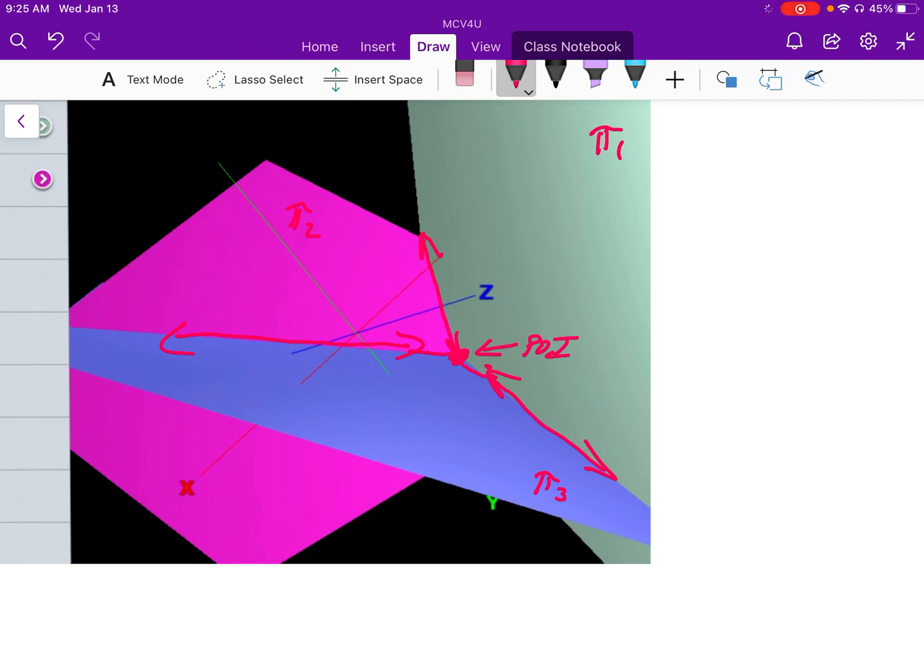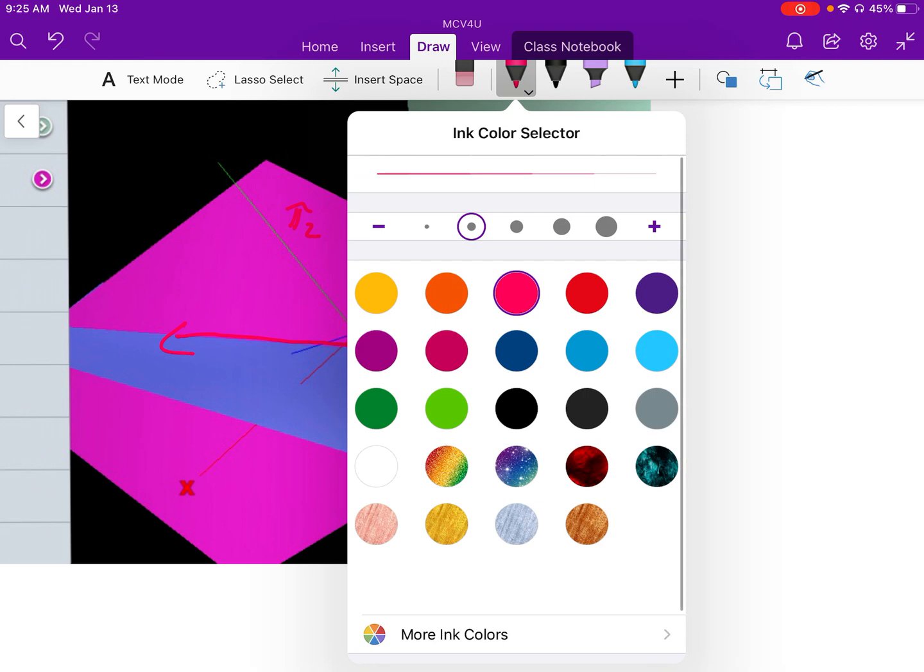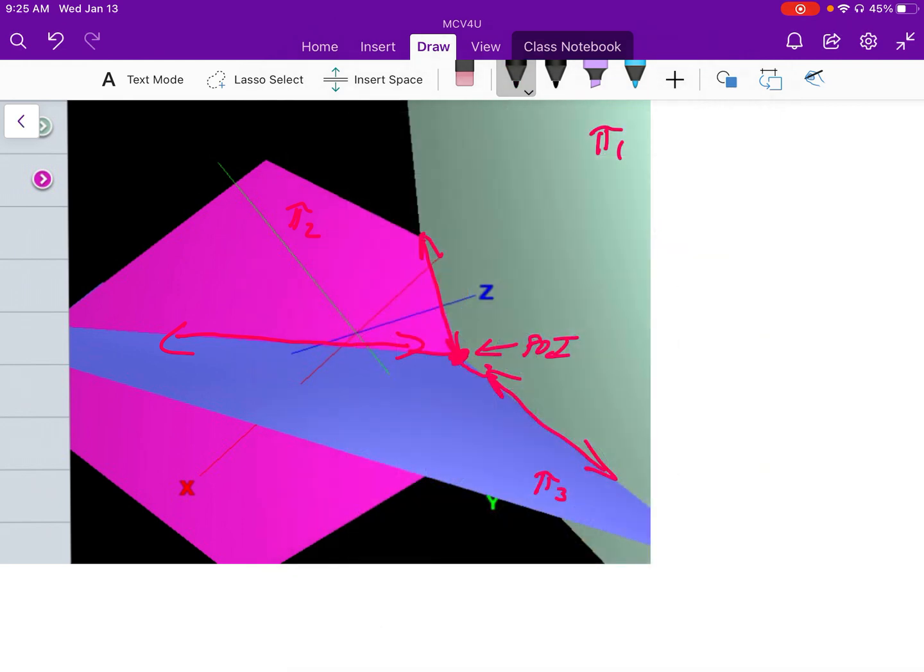So how do we show that we have this case? Use the scalar triple product. When you're eyeballing the normal vectors, you've got 3 normal vectors. You look at them and think to yourself, is there a scalar multiple between any of these 2?